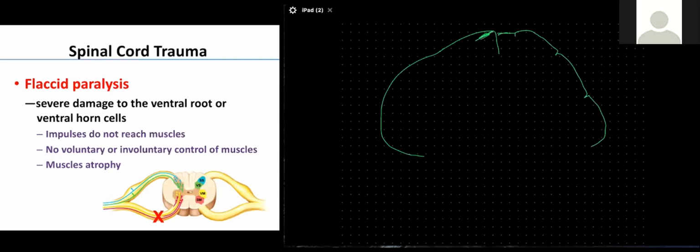Yeah, it was located in the frontal lobe, but what exact area in the brain? The primary motor cortex, exactly.